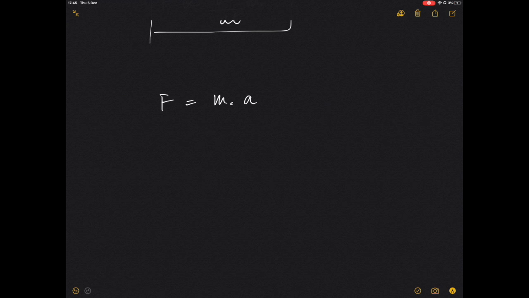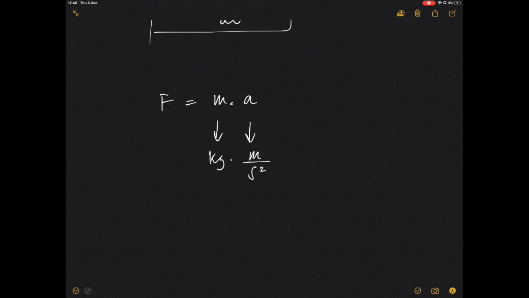So here we go. I've said that force equals mass times acceleration before we start the example. So if we think of mass as a kilogram, and we think of acceleration, well, we've done this last week, acceleration is meters per second squared.